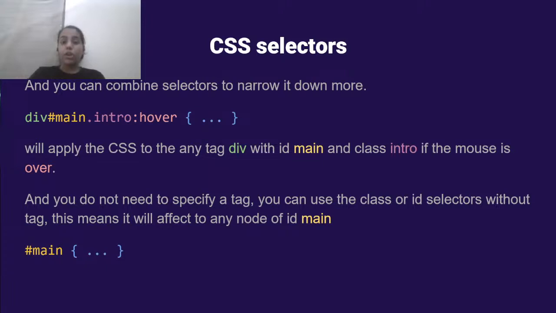If you want to affect a particular class or an id without a tag, you can simply use it for any nodes of id main. So hash main would work. This works when you have different tags under a class or an id, because sometimes you might have a p tag under a specific class and also an h1 tag, and you want both of them to change. So this is how we use it.